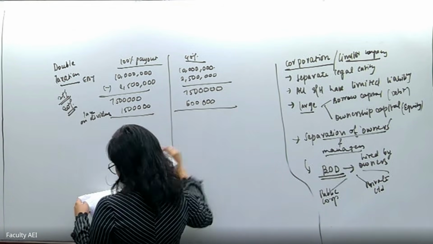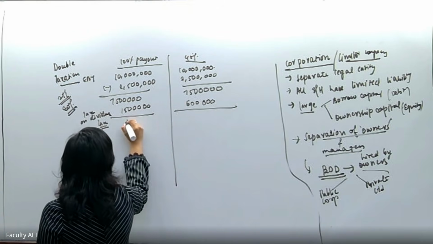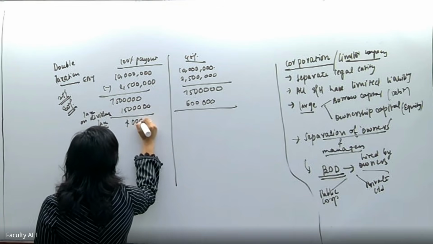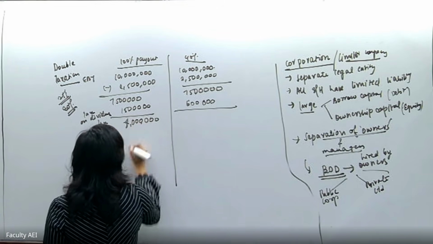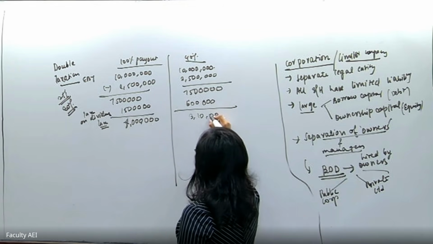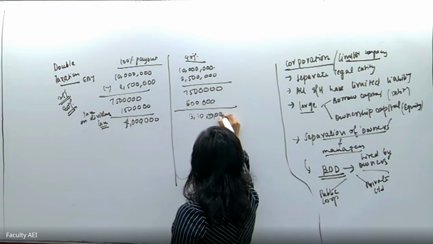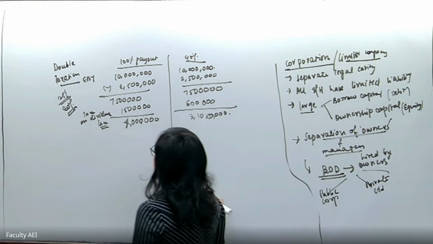Now here, what is the total tax which has been paid? Total tax paid was 4 million. Here the total tax paid is what? 3.1 million. So what is the effective tax rate?